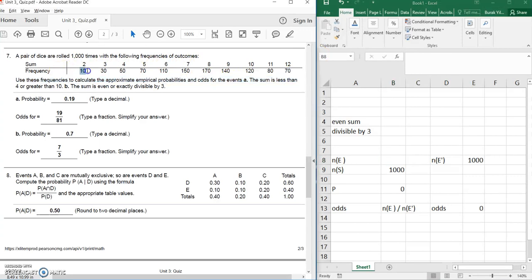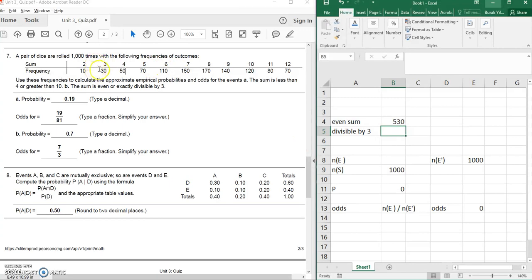So that's 10 plus 50 is 60, plus 110 is 170, plus 170, that's 340, plus 120, that's 460, plus 70, which is 530. So even sum is 530.